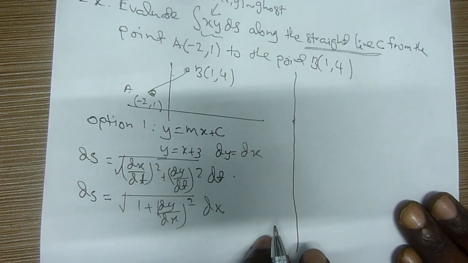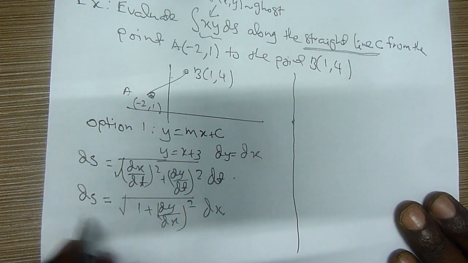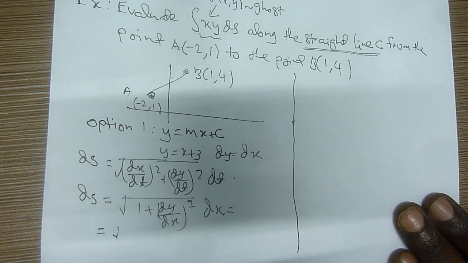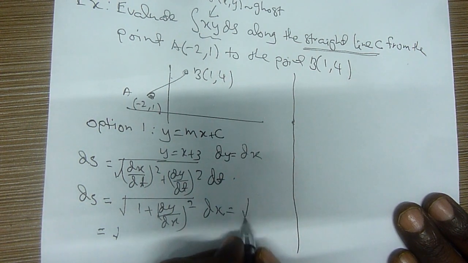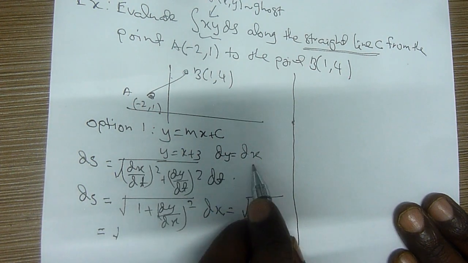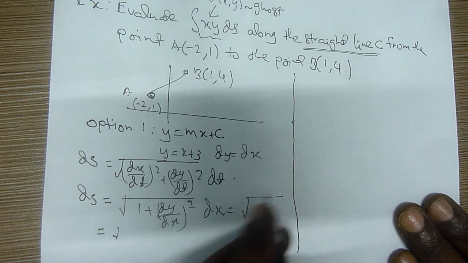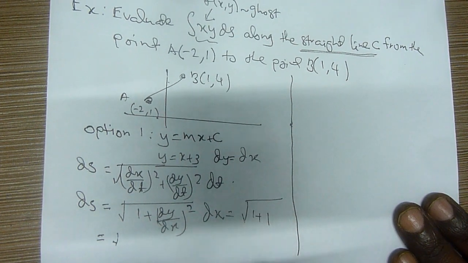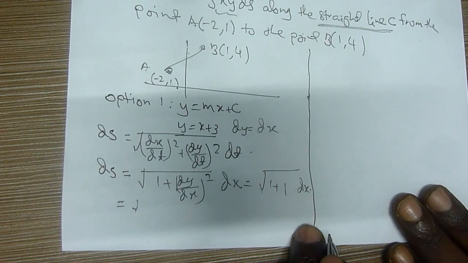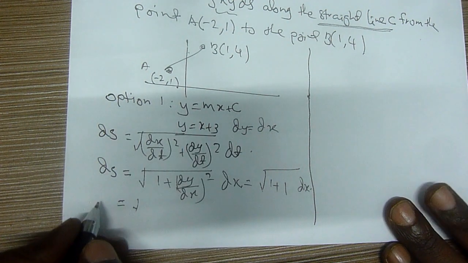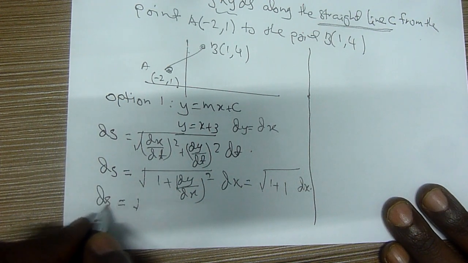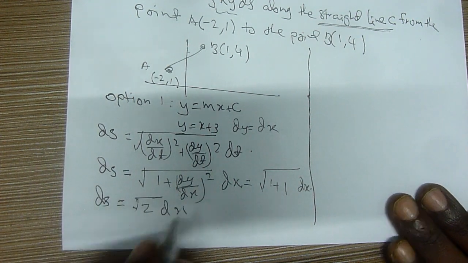It is very straightforward. dy/dx is 1, right? Therefore 1 plus 1, combine together, and the solution you will get is ds equals square root of 2 dx.